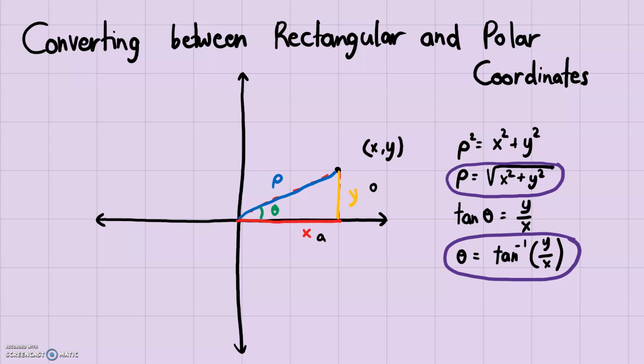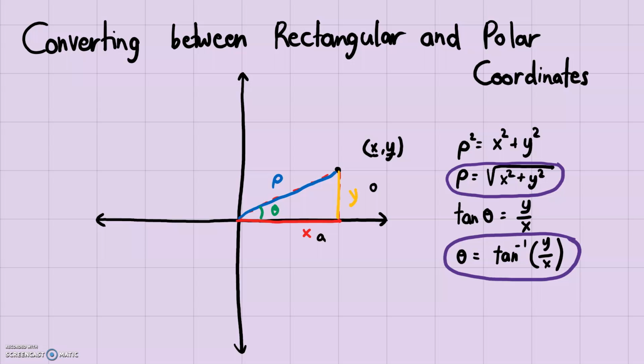Okay, now how about if you want to go from polar to rectangular? So let's say we know the radius and we know the theta. Then how can you get x and y from that? Well, think of the unit circle. On the unit circle, we have the x's and y's.